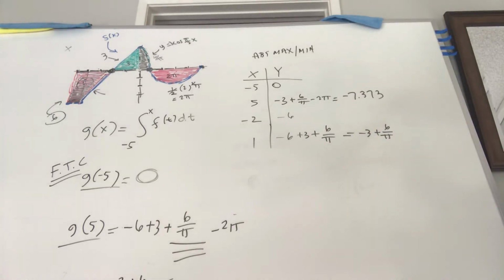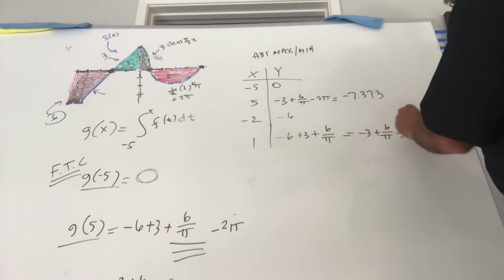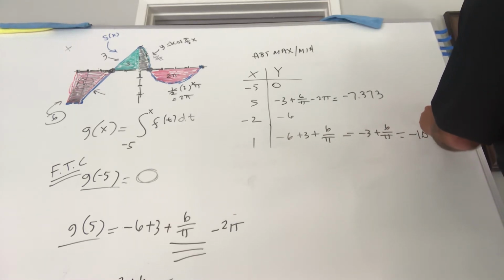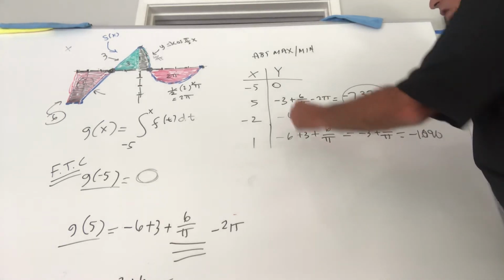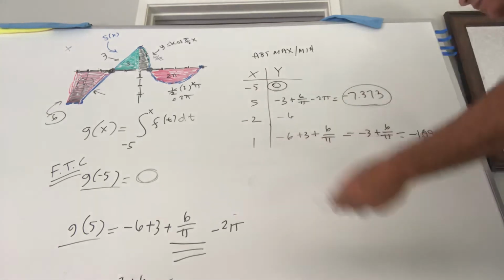You don't really have to worry about decimals too much, because I'm doing this more just to find which number is the biggest and which one is the smallest. -3 plus 6 divided by pi gives -1.90. Okay, so obviously this is the most negative. They're all negative except the 0, so that's got to be the most positive.